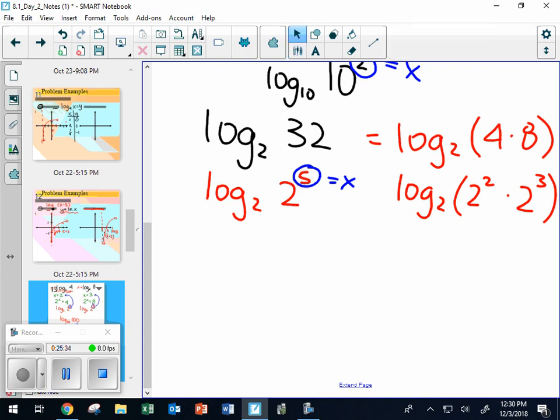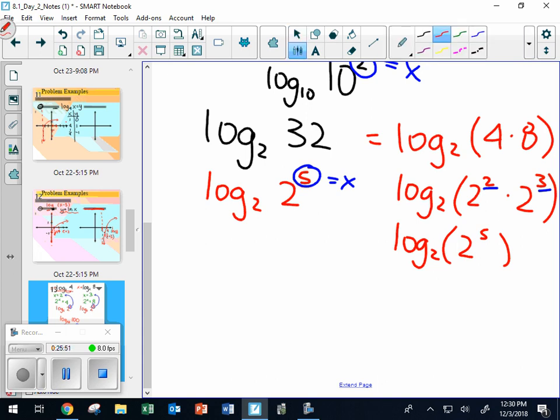If I have 2 exponents like I do here, and they are multiplied by the same base, what can I do with those exponents? So doesn't this just become log base 2 of 2 to the 5th? And all of a sudden, I have the same thing that I had up here. So I can just say 5 is my x.